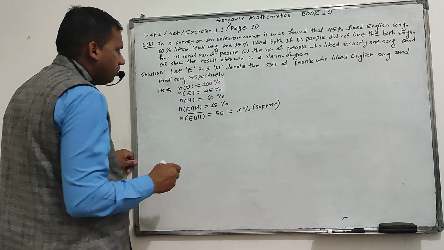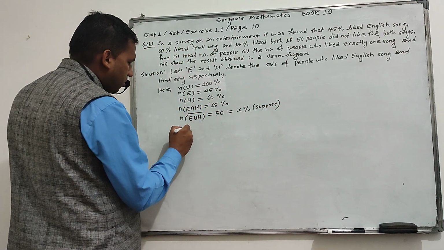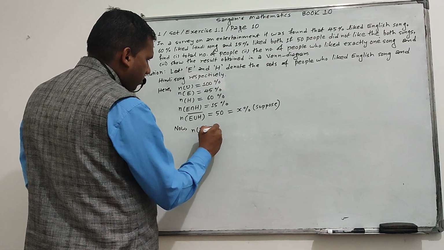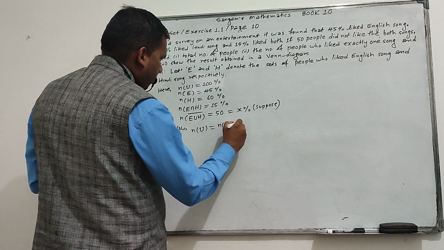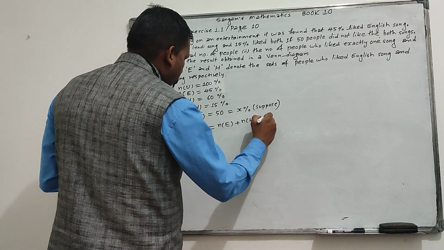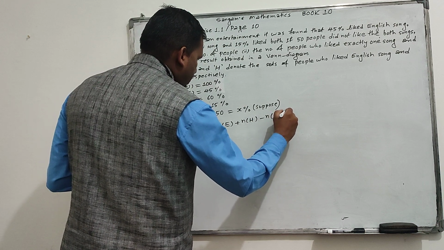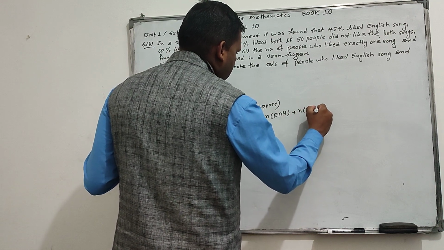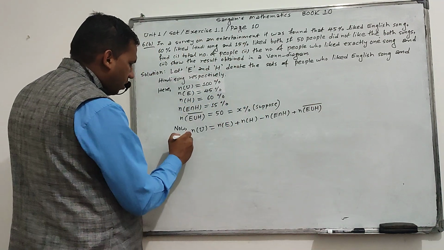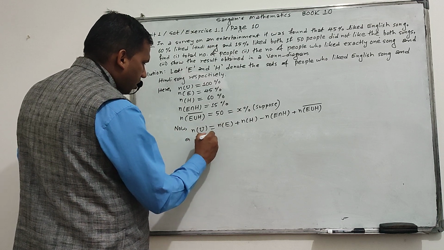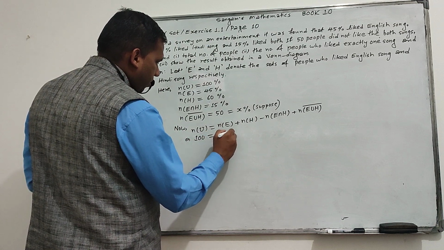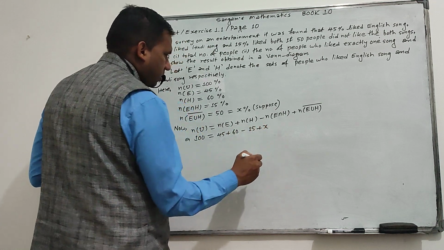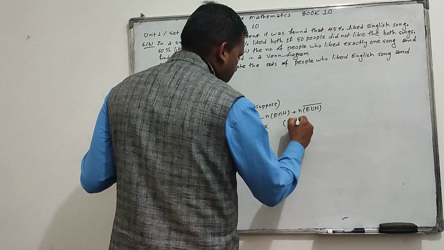Suppose now n(U) equal to n(E) plus n(S) minus n(E intersection S) plus n(E union S whole complement), or 100 equal to 45 plus 60 minus 15 plus X. This is in percentage.